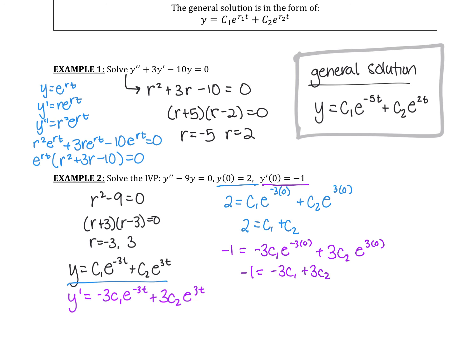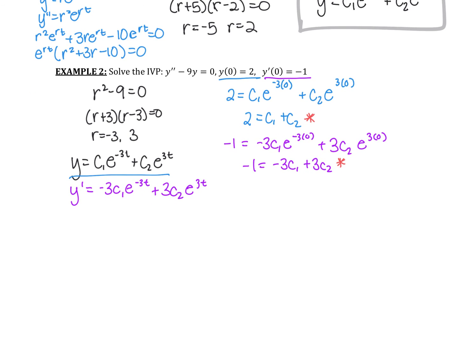System of equations. So I've got two equations here that I'm going to work to solve. So 2 equals C1 plus C2. You know what I probably should have done? Let's change that. Let's multiply that by 3. So 6 equals 3C1 plus 3C2.